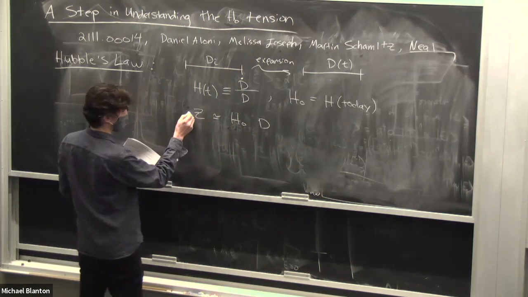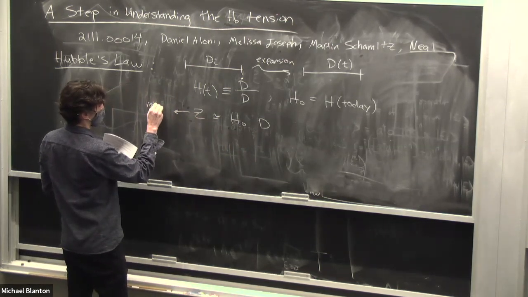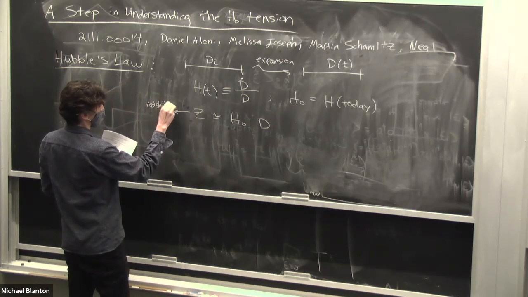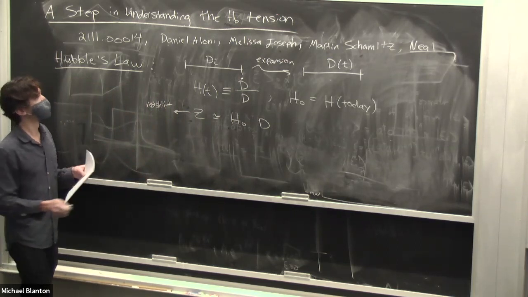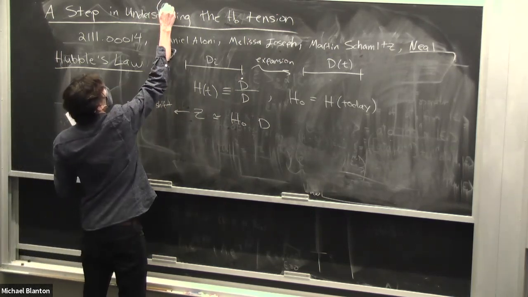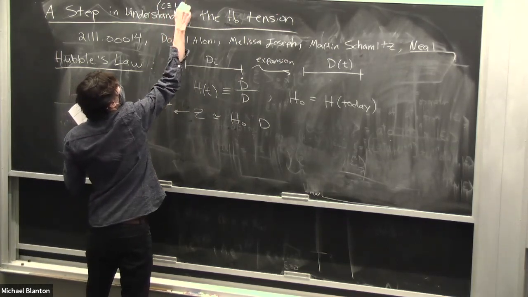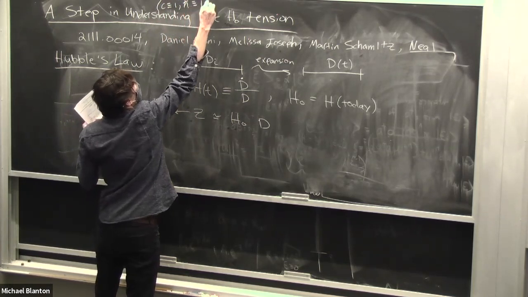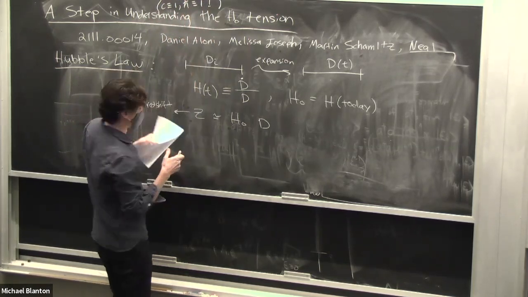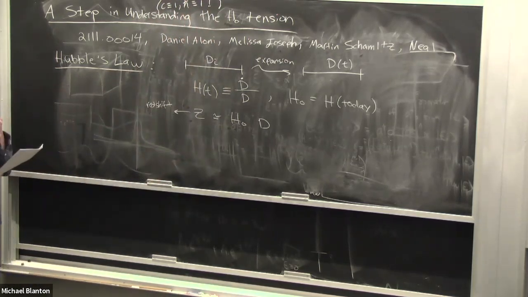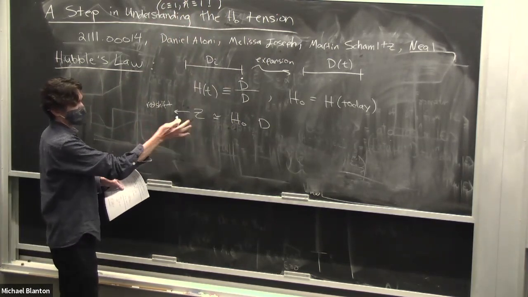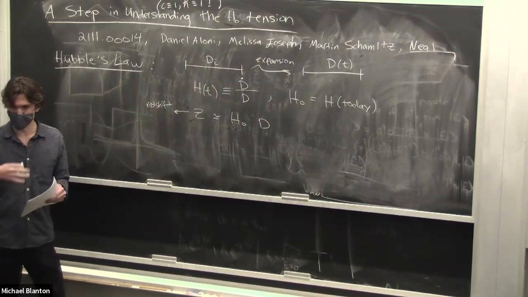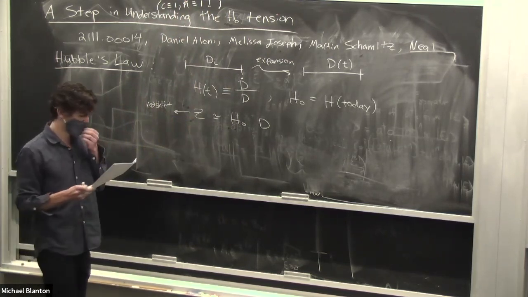This is the redshift of light. And you're working in c equals 1? Yeah, that's c equals 1. So this is the redshift, or essentially just delta lambda over lambda, looking at some wavelength of light.